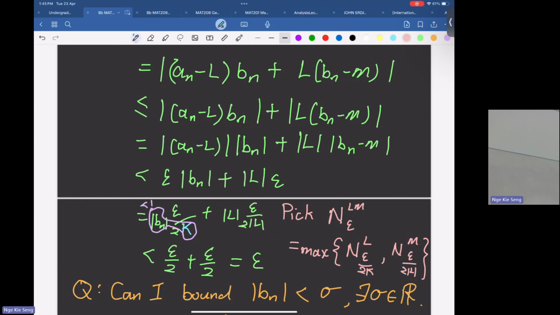So you pick this N such that both of them stay within the epsilon gap that we pick, so that this 2 epsilon will hold.